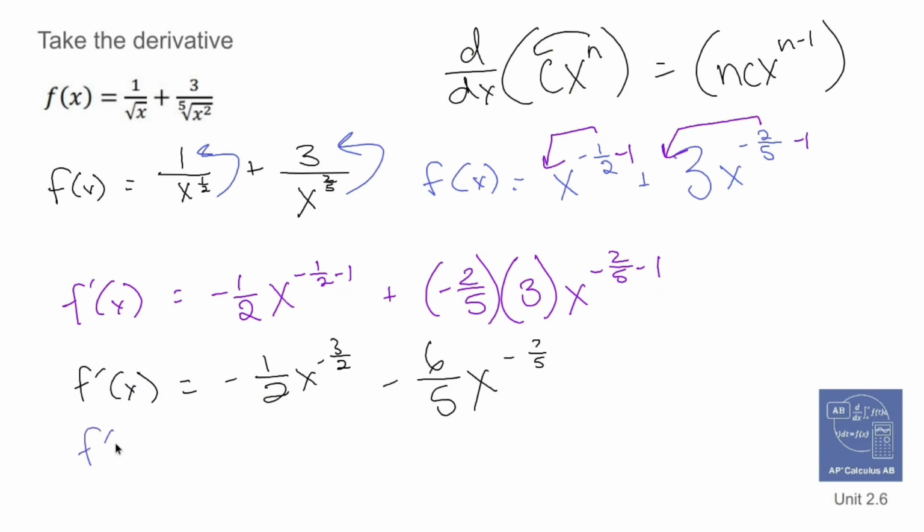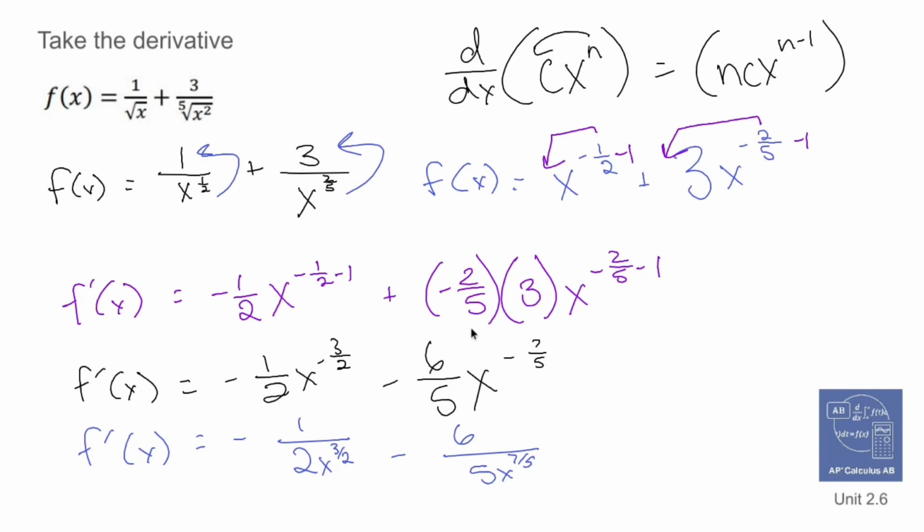Sorry. Step number 1, let's move the negative exponents downstairs. So negative 1 over 2x to the 3/2 minus 6 over 5x to the positive 7/5.